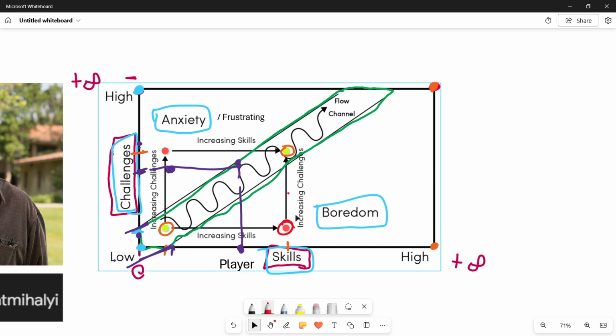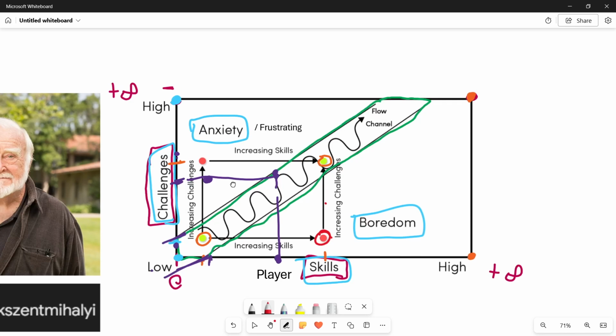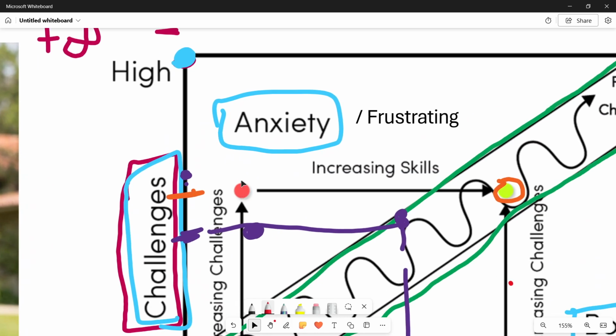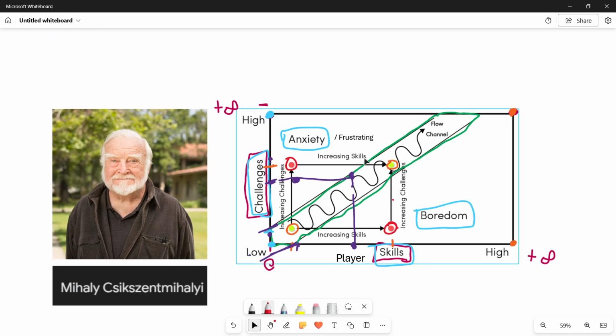So the challenge is so low and you have so much skill that you're going to feel bored. But if you're playing against Messi, for example, your skills compared to Messi are going to be very low, probably, and therefore the challenge is going to be super high, and therefore you're going to be falling in this category over here.